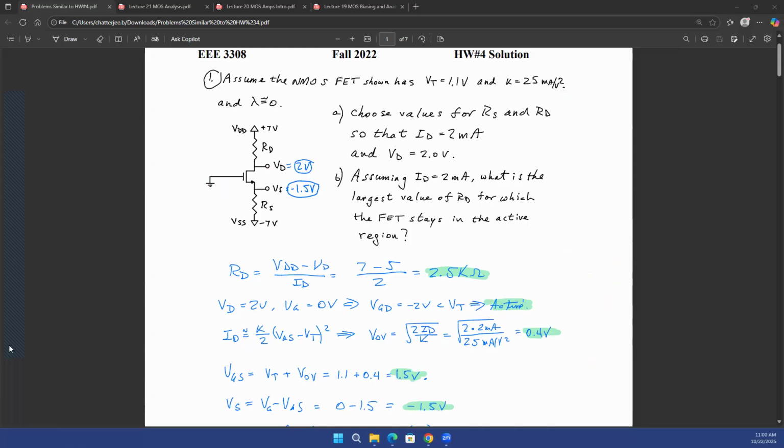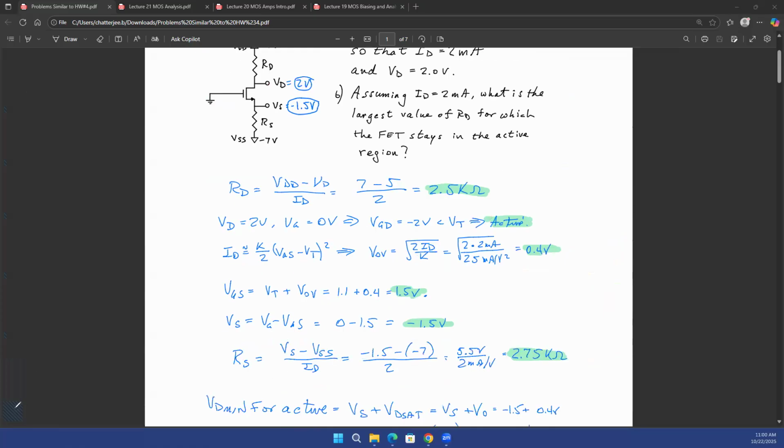All right. So now that you know your VGS, which is 1.5 volt, you also already know your VG, which is 0 volt. What you did not know is what is your VS, right? And because you did not know your VS, you could not find out what is the value of RS.